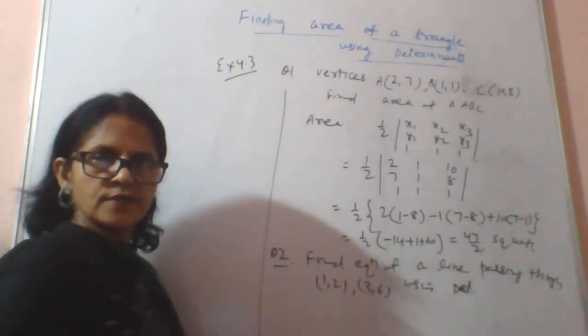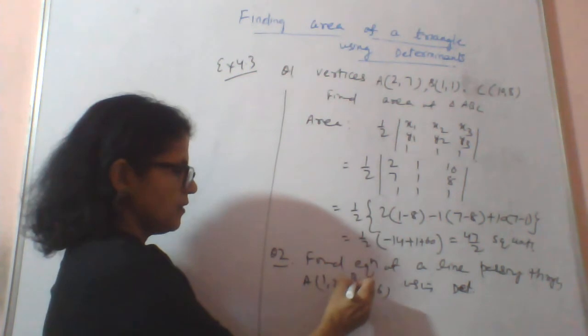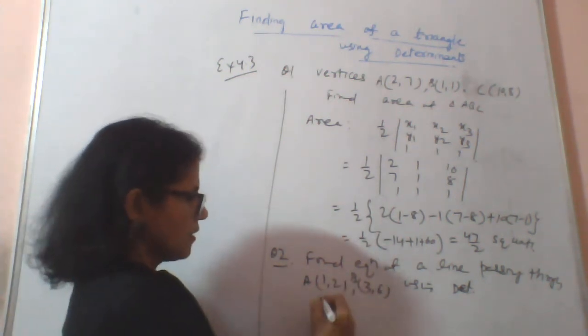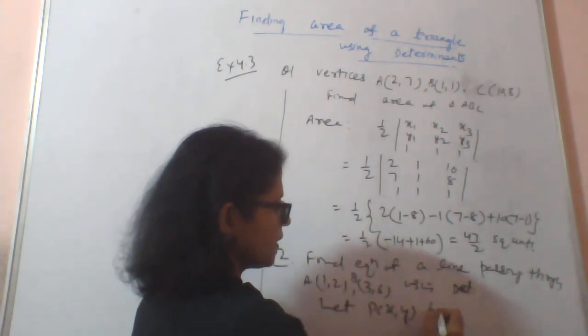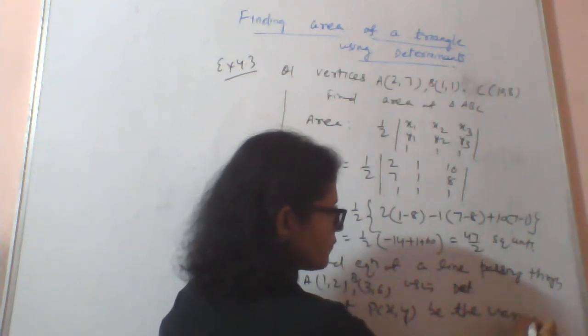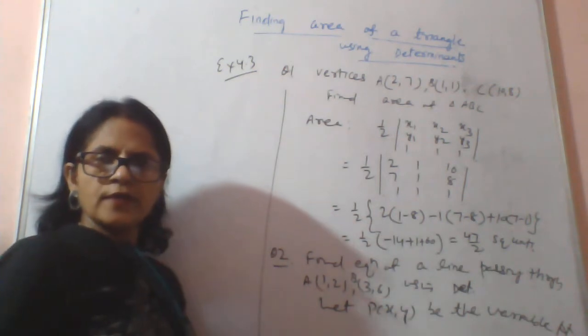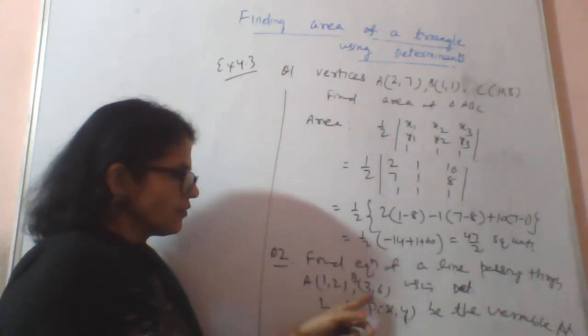Okay, this is the second type. Now passing through, so suppose A and B, let's take P as the variable point. Let P(x, y) be the variable point, or you can take P(x, y) as any point on the line containing (1, 2) and (3, 6).